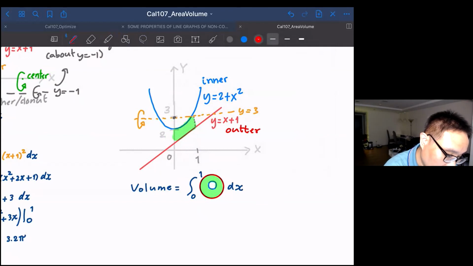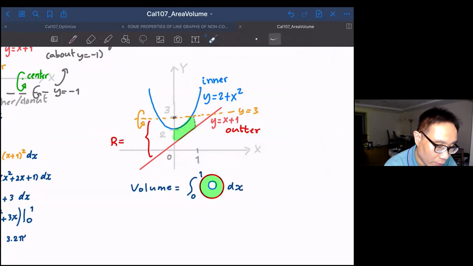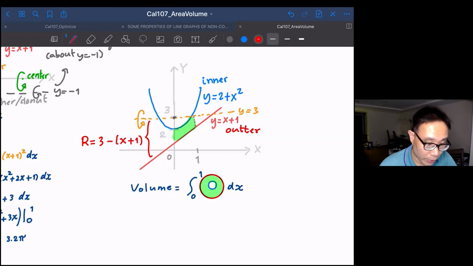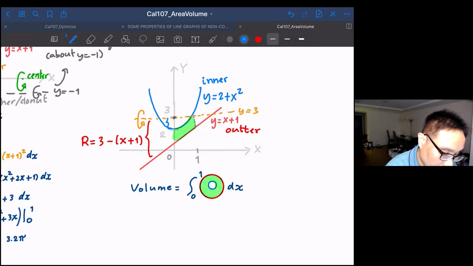And here, it's going to be what? It's going to be the capital R, given by the higher one subtract the lower one. So R equals 3 minus (x plus 1), which is your capital R. For the small r, it's going to be this curve.